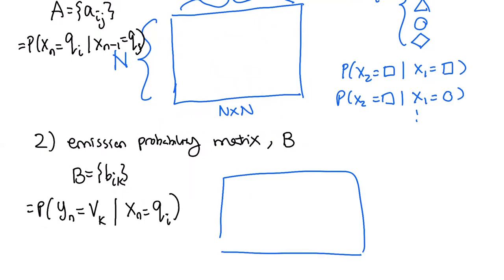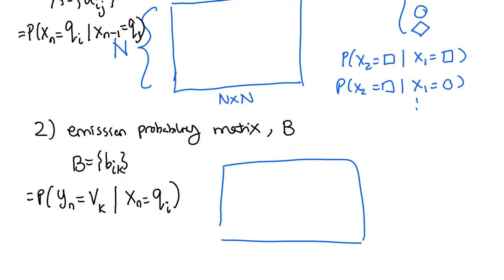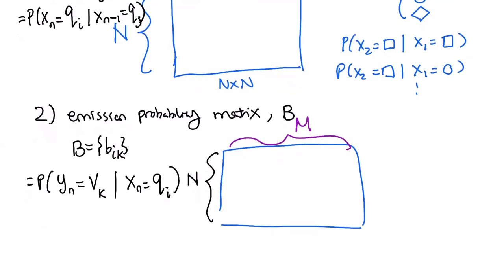Right. So the emission matrix, the number of rows is N, the number of possible state values we could have, whereas the number of columns is M, because the observation variable being discrete can also take on M different values, right? So that's why the emission probability matrix may not be a square matrix.